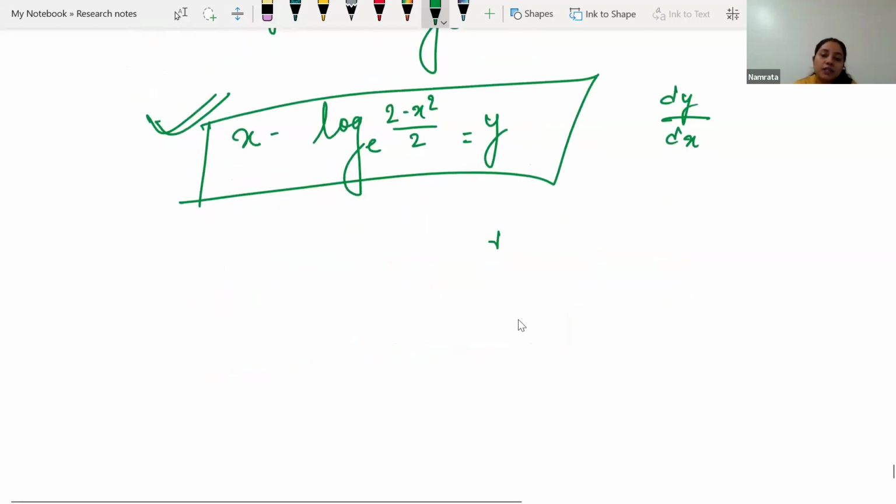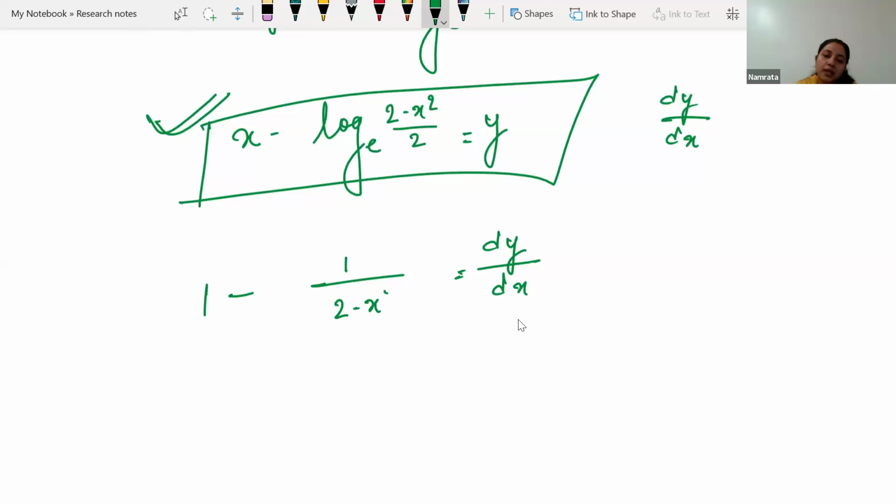So here dy by dx is equal to 1 minus log of something, which is 1 by 2 minus x square by 2. Okay, that's it. Again we have to do the derivative by chain rule. So it will be 2 by 2 minus x square by 2.